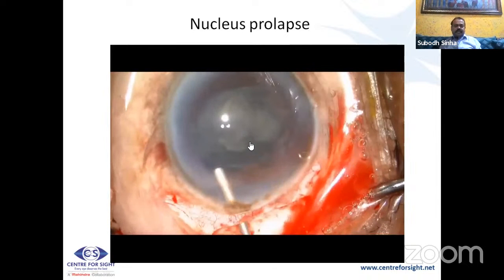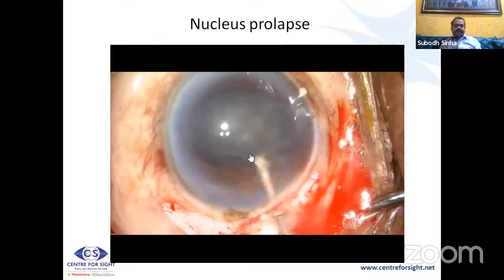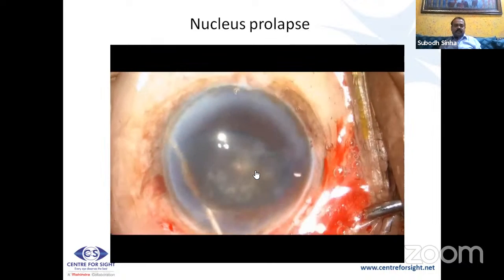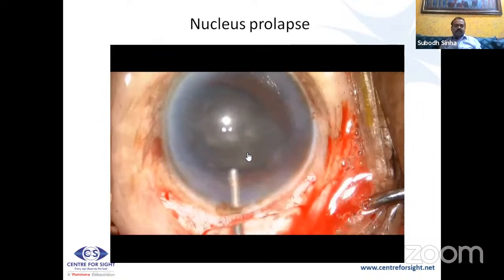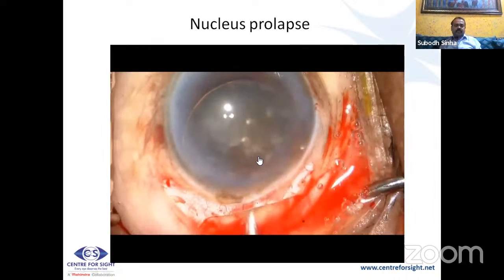But again, the other part, finding it difficult to prolapse the whole nucleus. Here you have to be patient, use plenty of visco, and then repeat and do it again. Now it has come out.